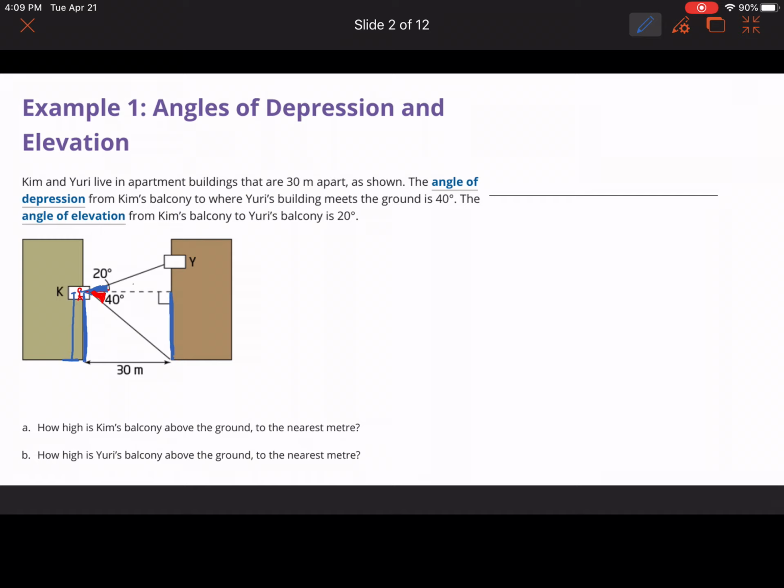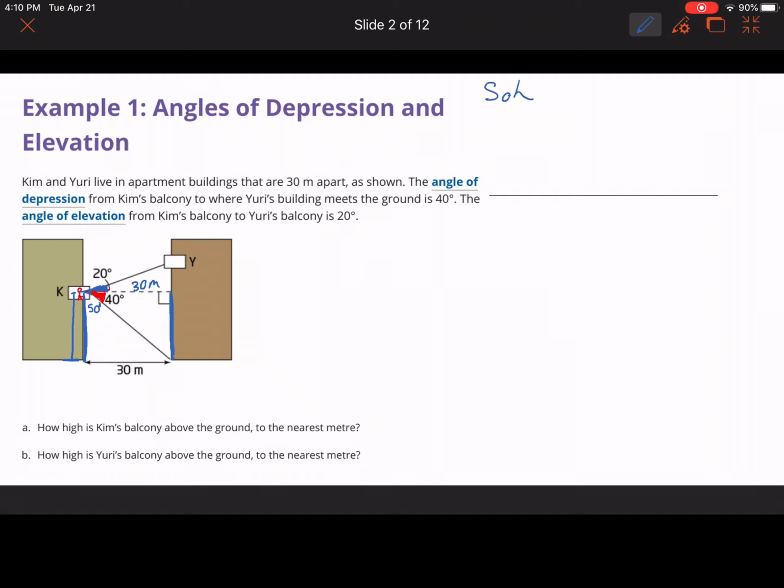We can either say this straight along one is also 30 meters and deal with the 40-degree angle. Or, because we know this is a 90-degree angle, we know that this side on the inside is 50 degrees. Whichever way we do it, we're going to end up with the same answer, and I want you to try that in both directions.